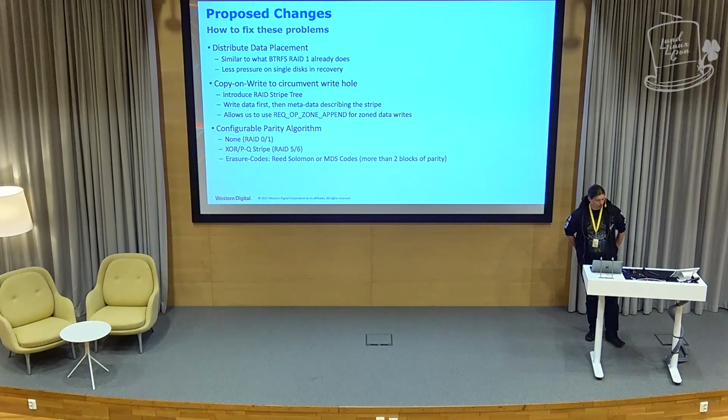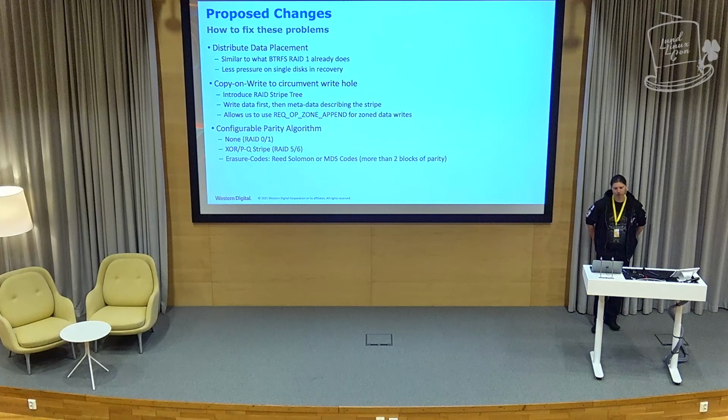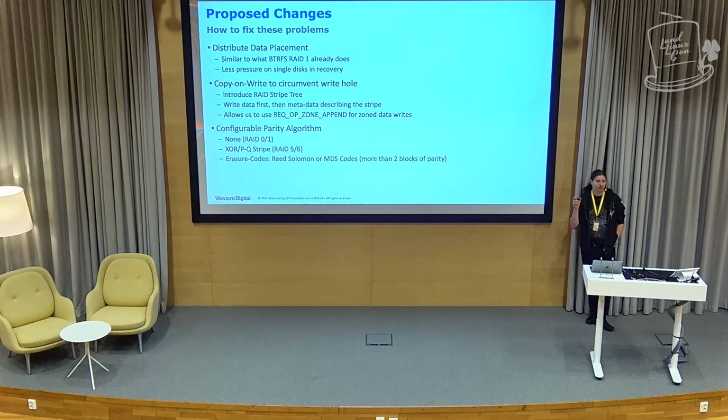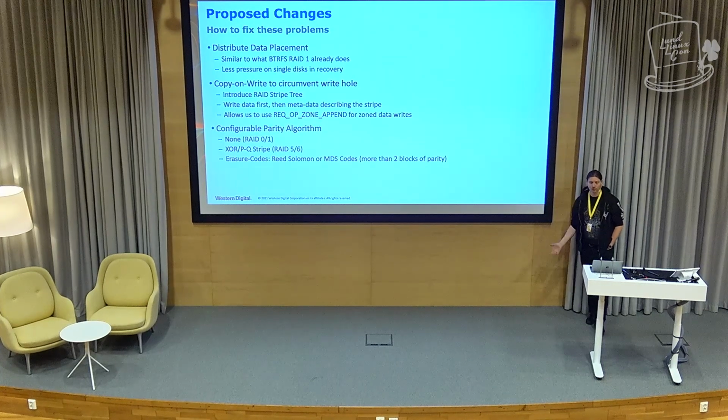And for this to work, I have to introduce yet another tree. Well, we already have 13 trees in BTRFS, so a 14th tree. Well, go on, it's just a little bit of metadata. This allows us to use zone append for data writes on RAID as well, because we can record the location of the data.